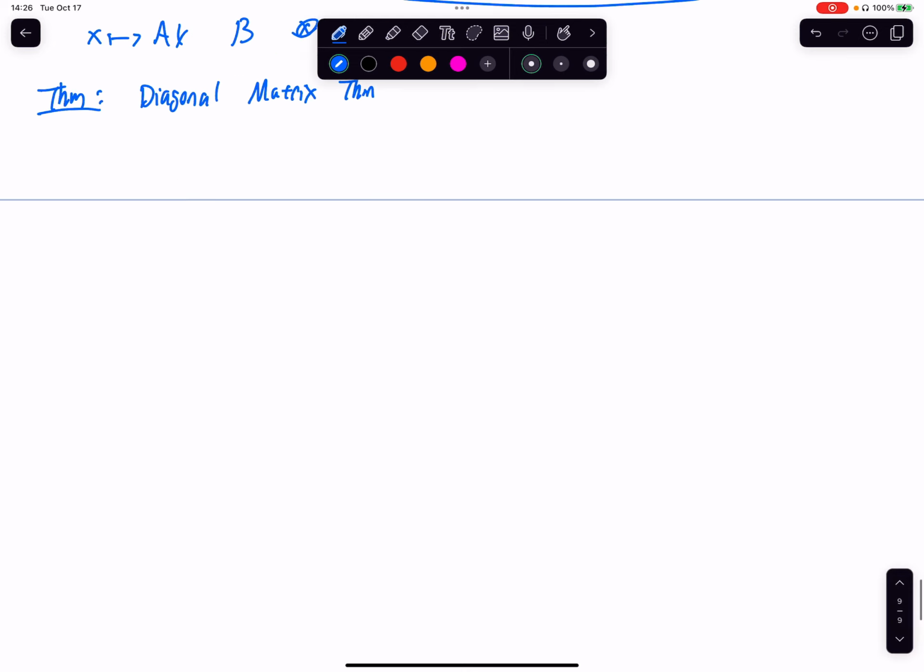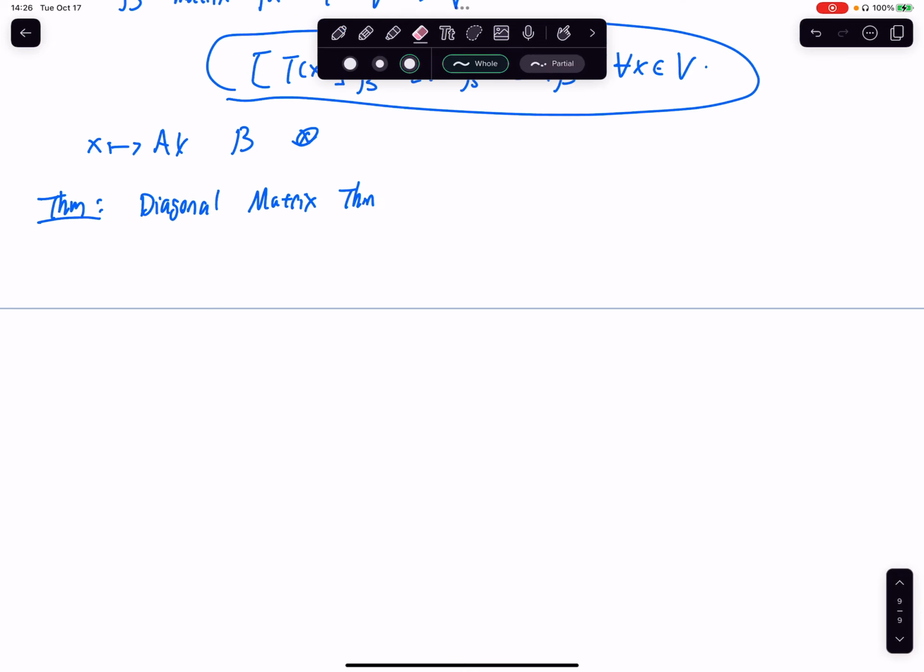So, okay, let's go back to our diagonal matrix theorem. Suppose our A equals PDP inverse, where D is a diagonal n by n matrix and P is invertible.